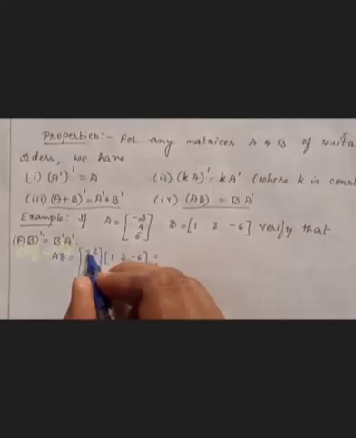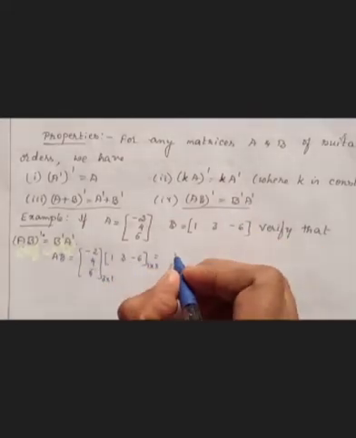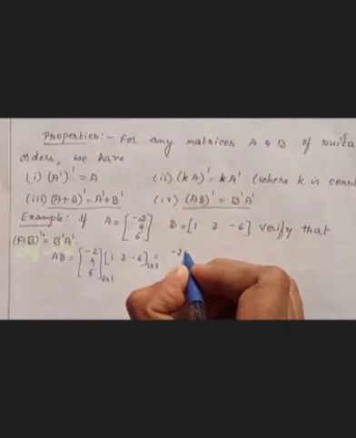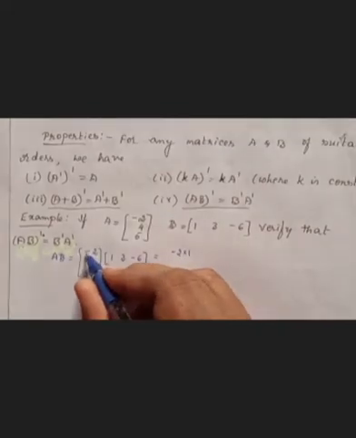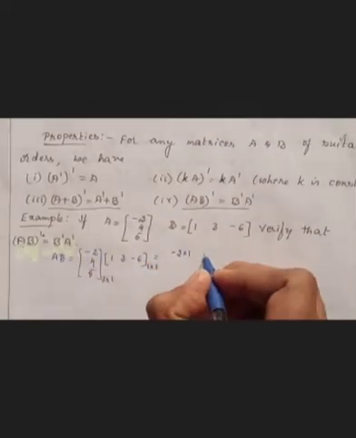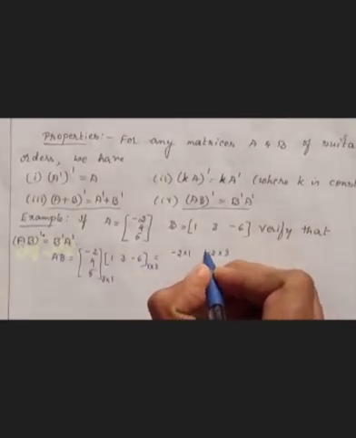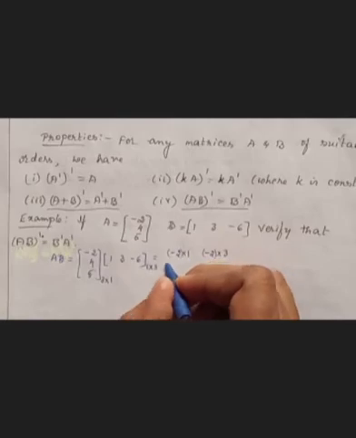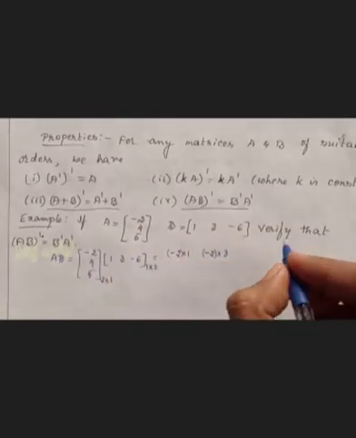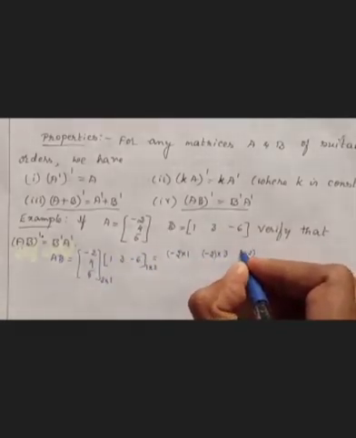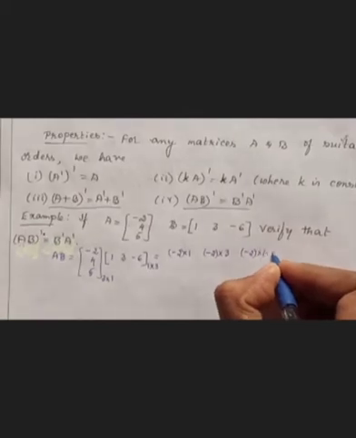Let's write -2 into 1. First row, second column, -2 into 3. Then first row, third column, -2 into -6. Second row, first column, 4 into 1.